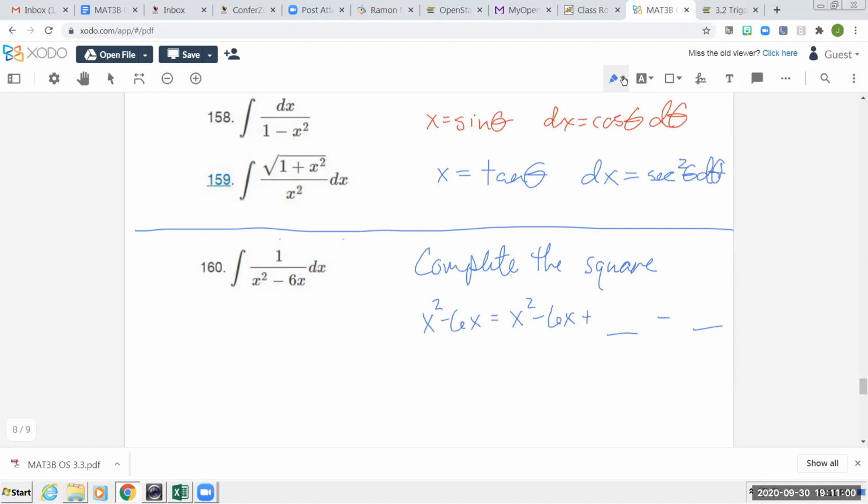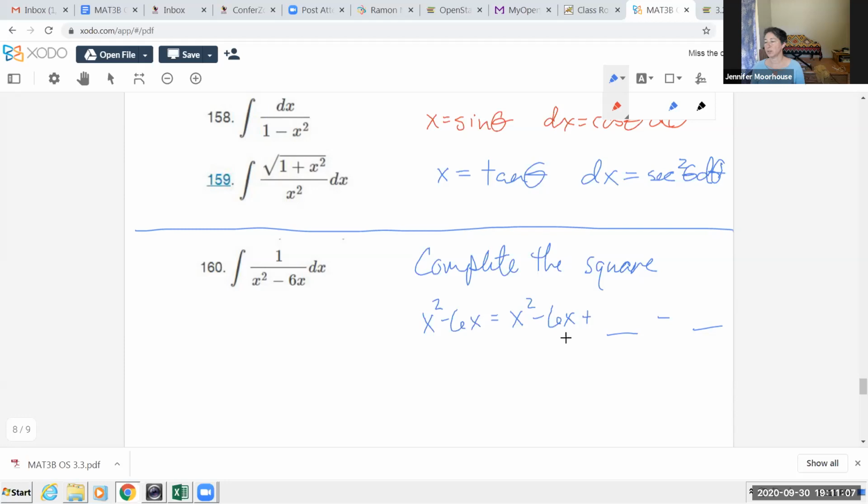Would it be 36? No, not quite. That would be taking that 6 and squaring it. But what you really want to do is take 6 over 2 and then square it.